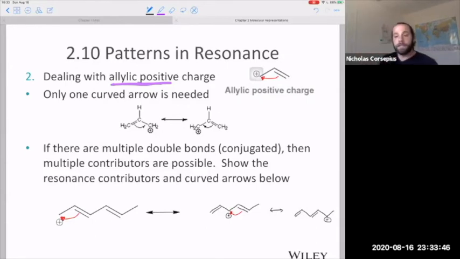What that did was disperse that positive charge over an even larger network of pi bonds, stabilizing it that much more. So the more resonance contributors you can draw, the more stable that molecule is going to be.